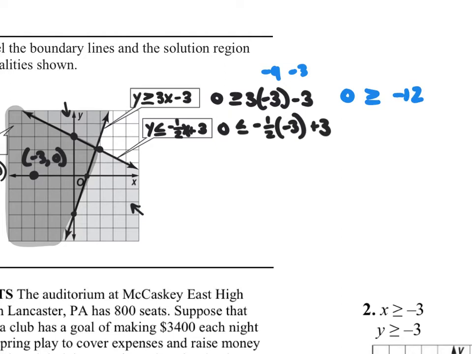When I evaluate this one, we get a 3/2 plus 3. And I'll go ahead and just think of 3/2 as 1.5. 1.5 plus 3 is 4.5. We get that 0 is less than or equal to 4.5.